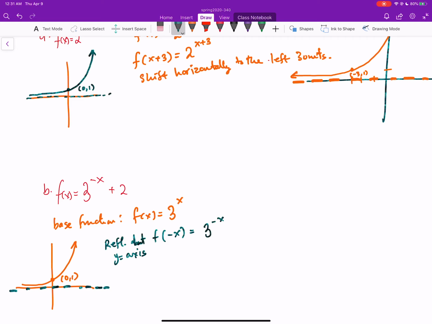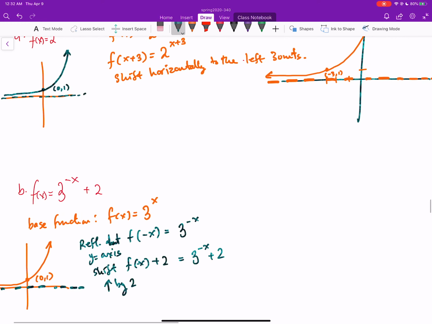I'm adding a 2 to the f of x. So I have f of negative x plus 2, which is a shift upwards by 2. So that would mean that I'm now going to get 3 raised to the negative x plus 2. So let's see how the graph looks like.